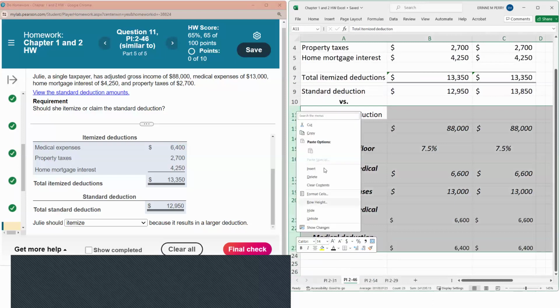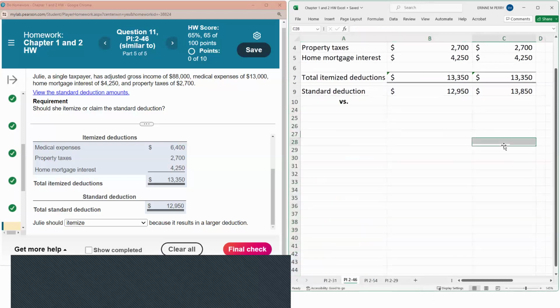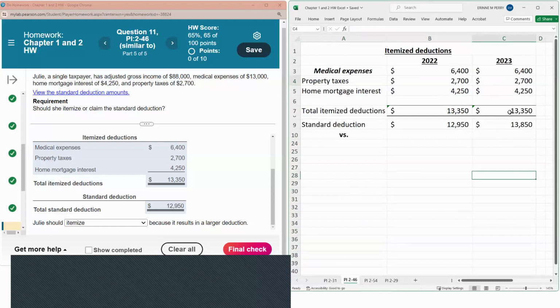However, if we were to compare it to 2023, the total itemized deductions remained the same, but the standard deduction increased. So if it were 2023, it would work better in Julie's favor if she took the standard deduction, because the standard deduction is $500 more.